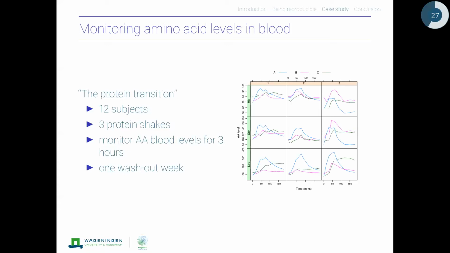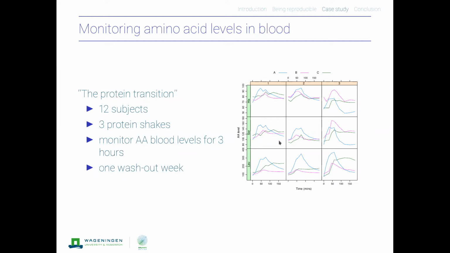And typically the results look like this. Here you see histidine, for instance, serine and leucine, and this is subject 1. You see that after the intake of the shake, protein A, the blue line, is going up quite strongly, whereas the green line is hardly increasing, and the pinkish line is showing a peak, but at a later stage than the blue line.